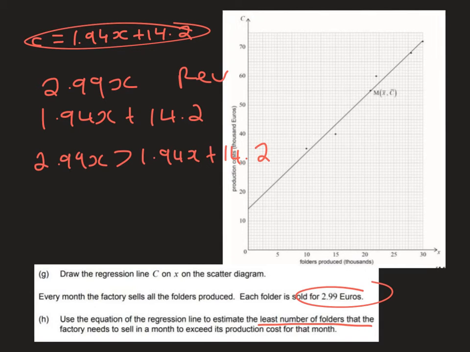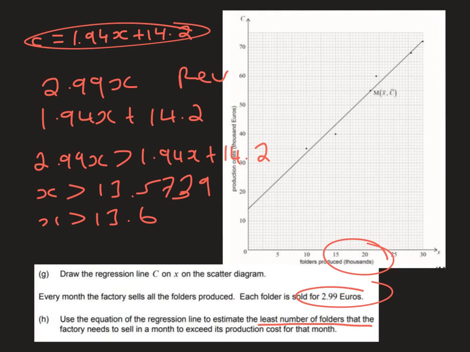If we solve this inequality, we end up with X is greater than 13.5739, which means that, to three significant figures, X is going to be greater than 13.6, and we know as well that that is in thousands. So the final answer then is that we need to make sure that we sell more than 13,600 folders.